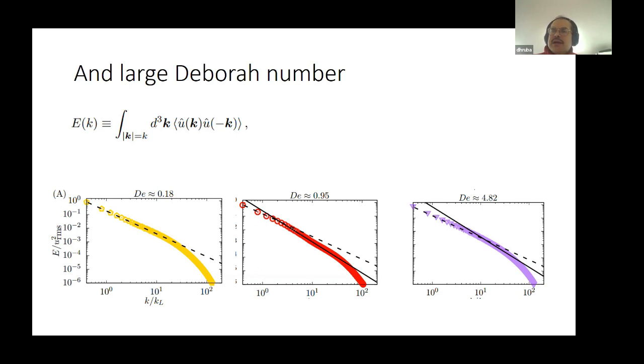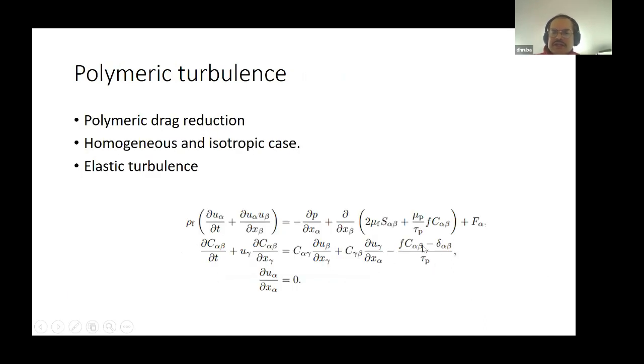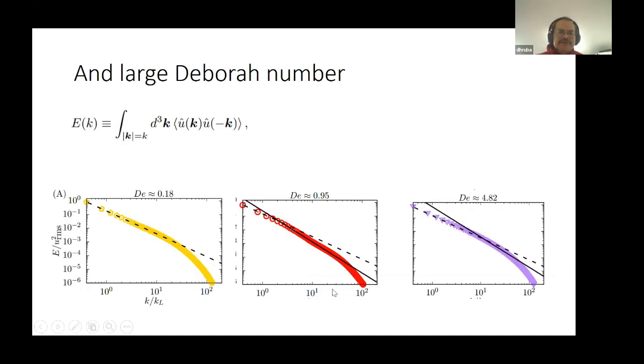So the Deborah number is a non-dimensional number, which is a ratio of the typical time scale of relaxation of the polymer, over the large eddy turnover time, the largest time scales of the flow in the problem. In the first case, you see that there is a scaling behavior, but the scaling behavior for a small Deborah number is practically Kolmogorov.